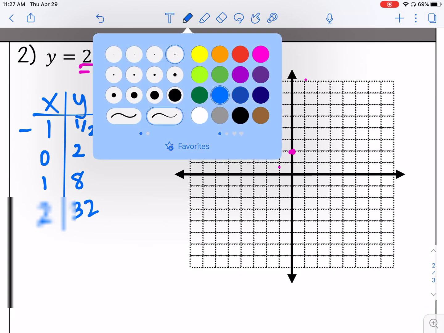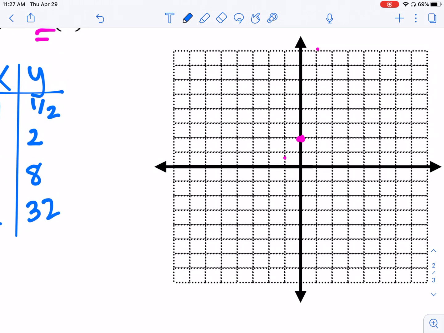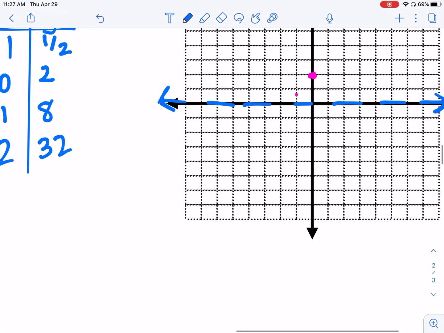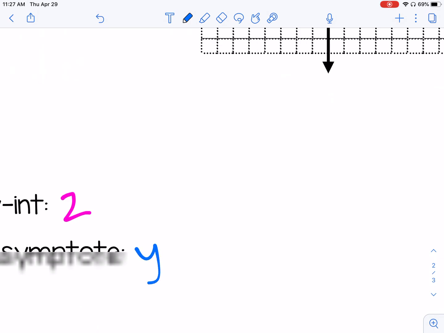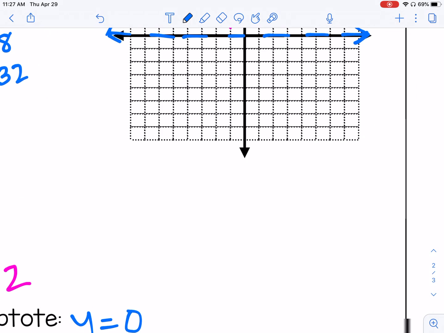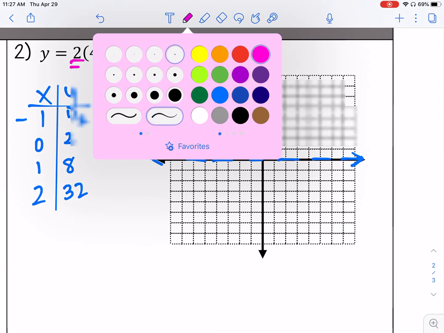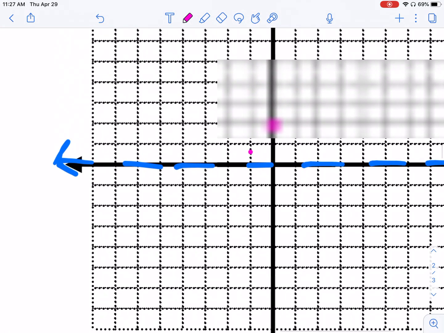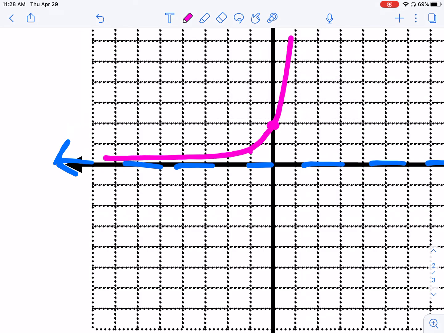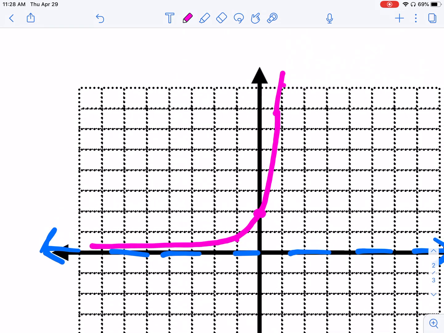Okay, and then just like I was saying with that asymptote, if you don't have any sort of vertical shift or that k value, it's at y equals 0. Okay, and then let's draw that graph. It never crosses that asymptote. It'll get really close to it though. So we'll draw it the best that we can, and then this graph really grows fast.